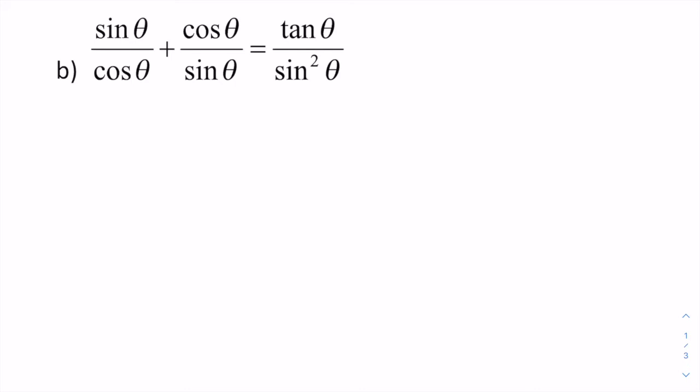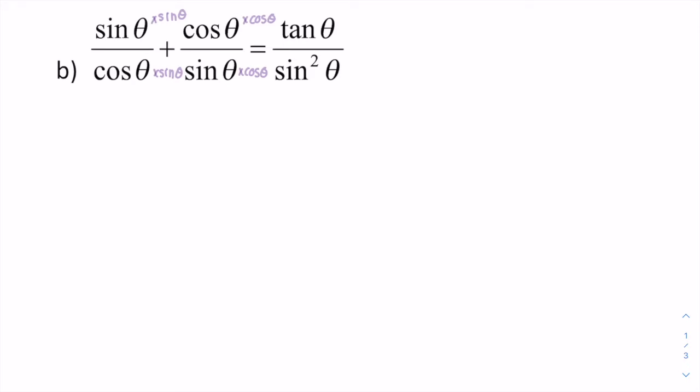So when we add fractions, the first thing we need are common denominators. So my lowest common denominator is cosine theta sine theta. So this first one we need to multiply by sine theta. And what we do to the denominator, we have to do to the numerator. Same thing on this side. We have to multiply by cosine theta for both the numerator and the denominator.